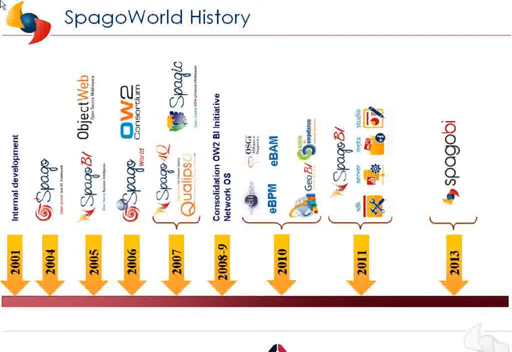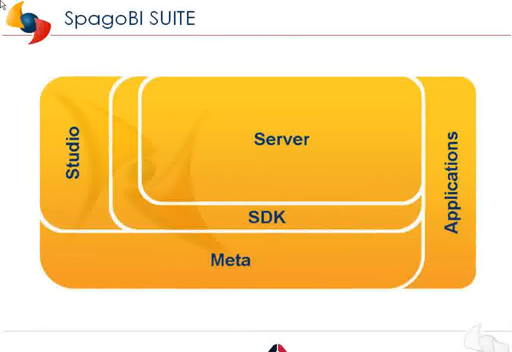So in 2009 we released SpagoBI 2.0, SpagoBI 3.0 in 2011, and SpagoBI 4.0 in 2013. So this is the first release of the SpagoBI 4 family, which will evolve during the next 2 years. And all the SpagoBI community is solicited and invited to contribute to this evolution with ideas, code, and projects.